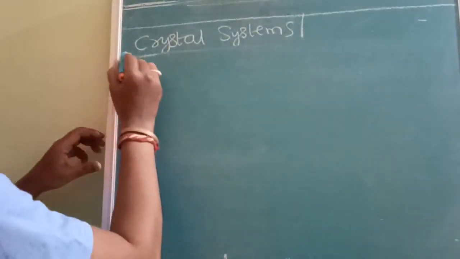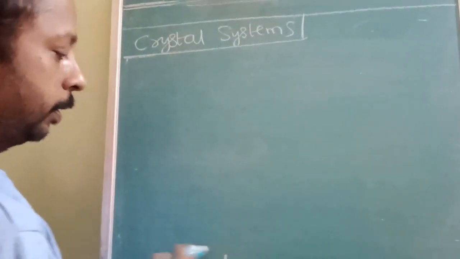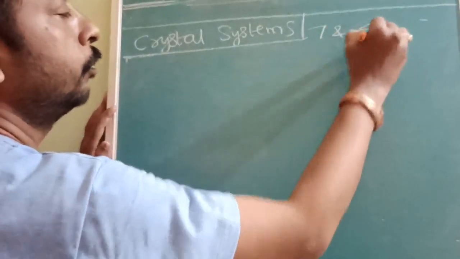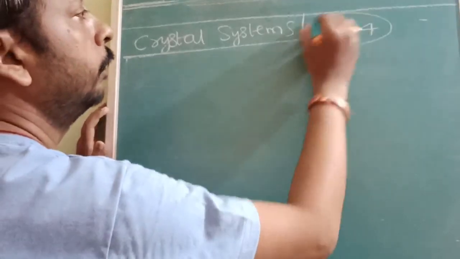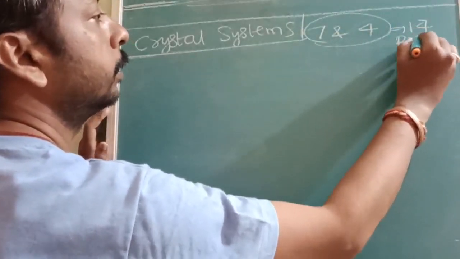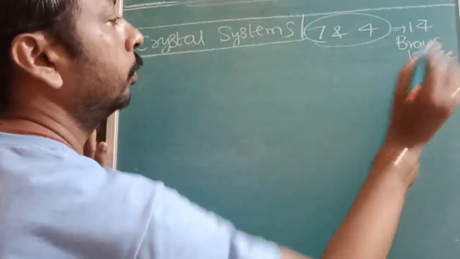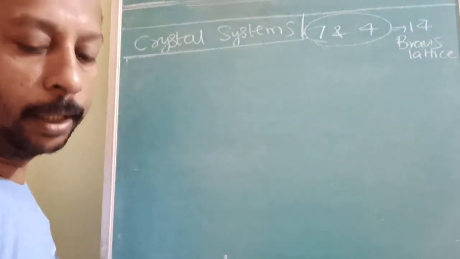Now these are called cubic systems. So there are 7 basic crystal systems, and these 4 are the cubic systems, plus 1 hexagonal. So there will be 14 Bravais lattices. What are they called? Bravais lattices. So what is a Bravais lattice? We will come to know that now in tabular form.